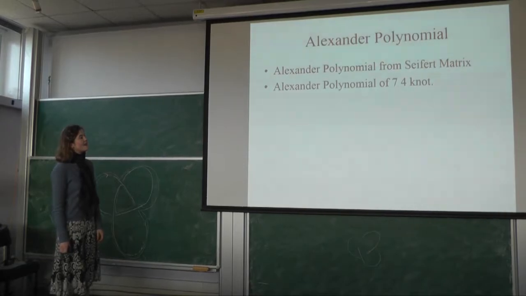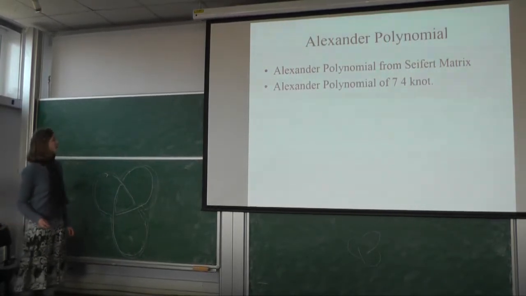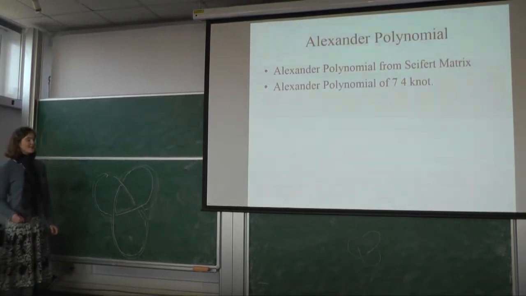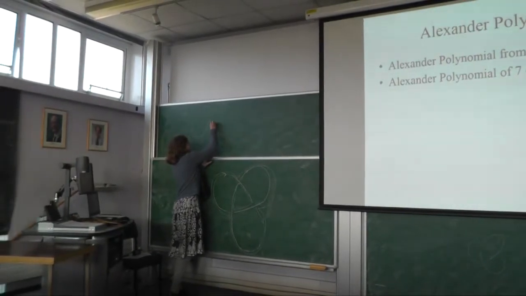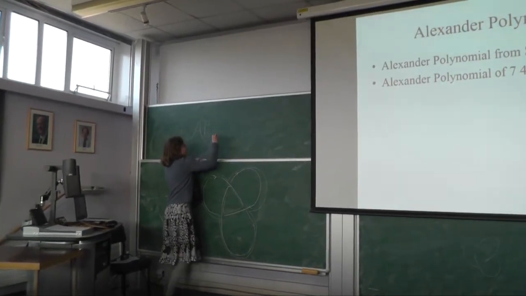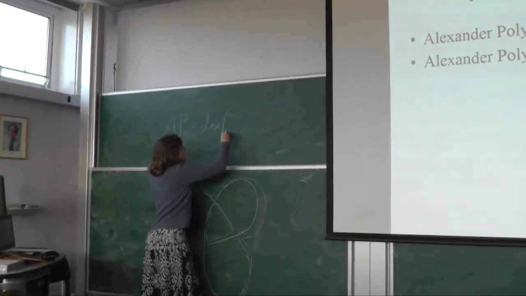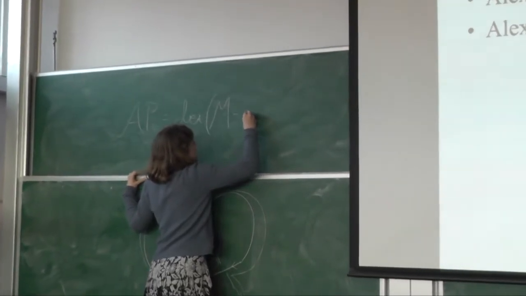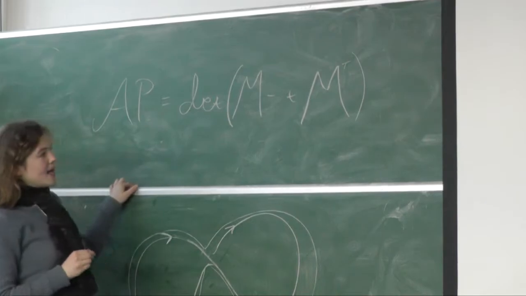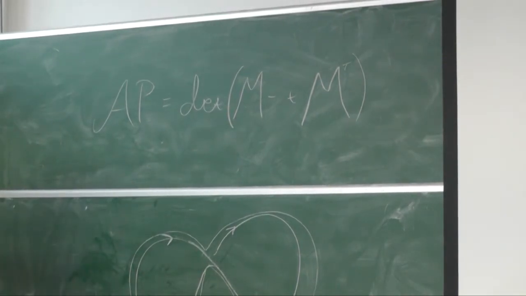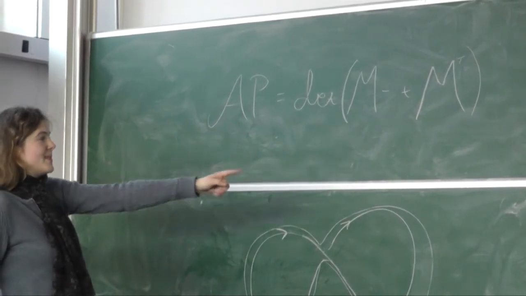Okay, so how we calculate the Alexander polynomial from the Seifert matrix is: given the matrix N, it's the determinant of N minus 2 times N transpose.